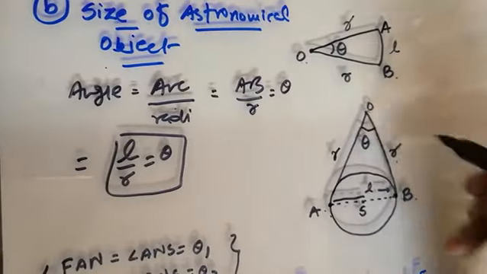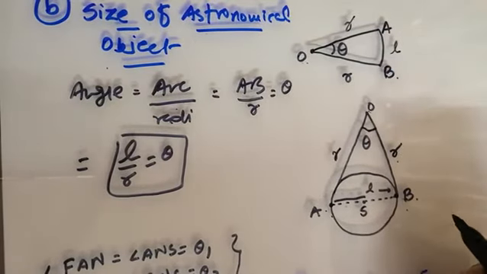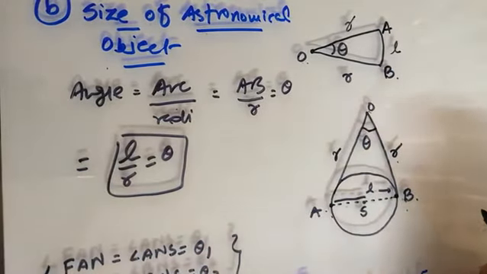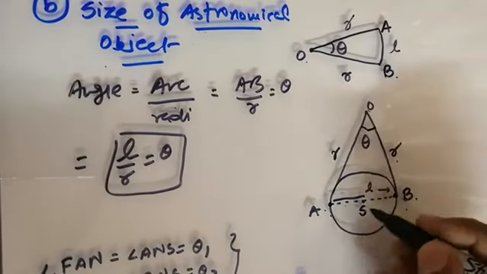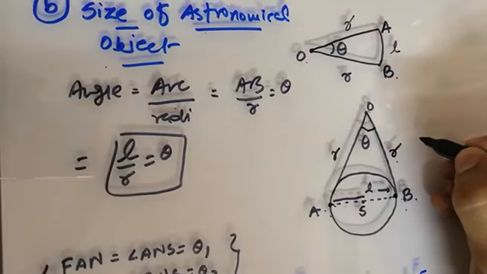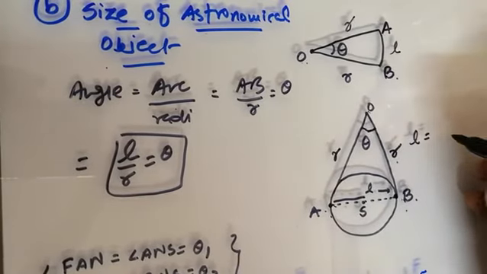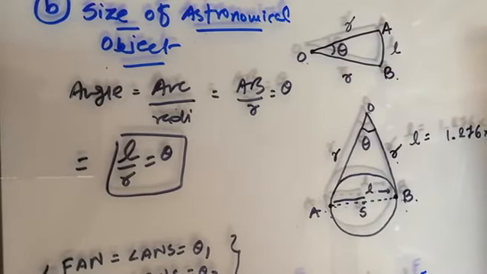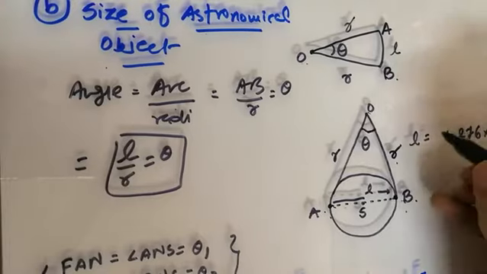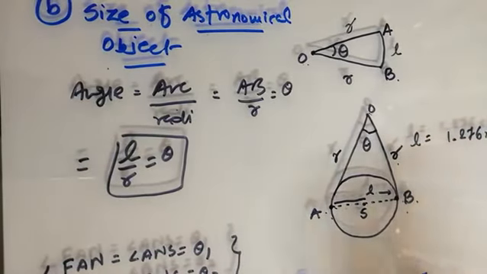Let's say my 2 points A and B are in front of me. Let's say these are the given points, and the distance between them is the diameter. So L equals 1.276 × 10^7 meters.